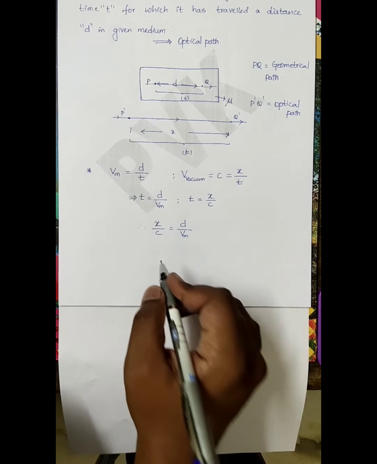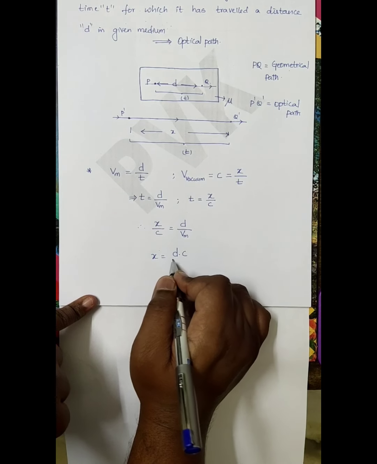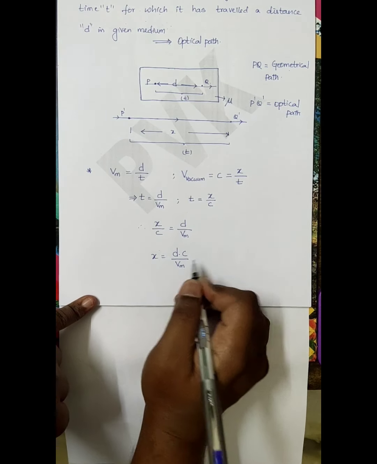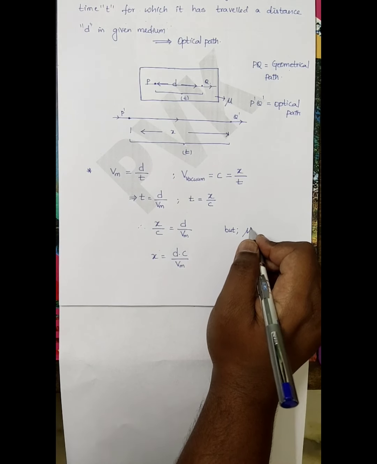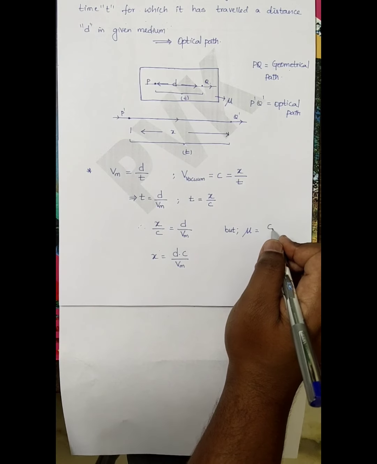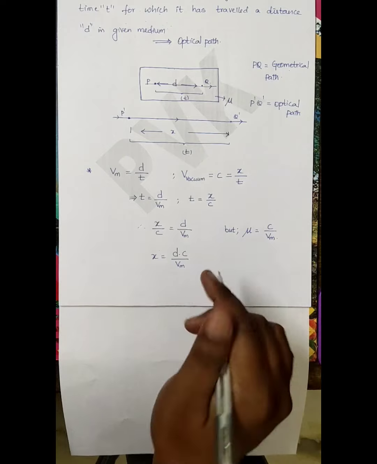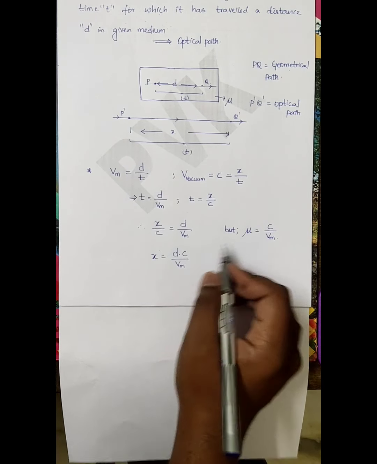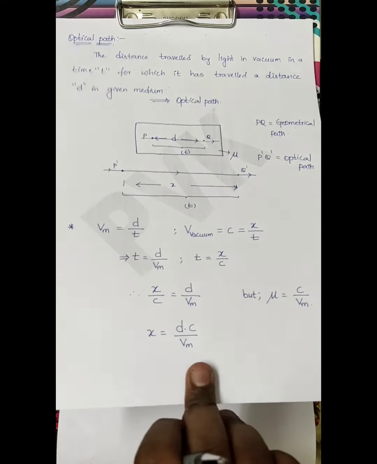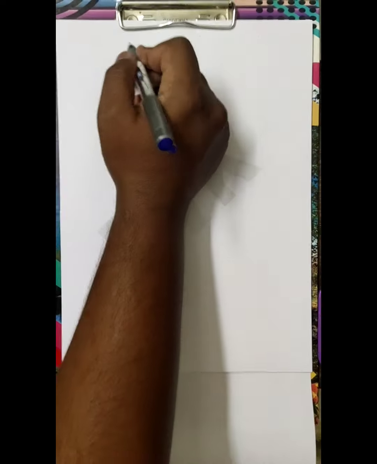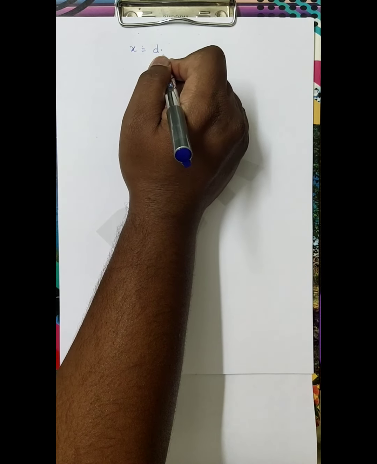Sending this c to that side, you get x is equal to d into c by speed of light in medium. But already we know refractive index of a medium is given by speed of light in vacuum by speed of light in the medium. So just replacing this c by Vm with mu, we get the expression for optical path as x is equal to d into mu.